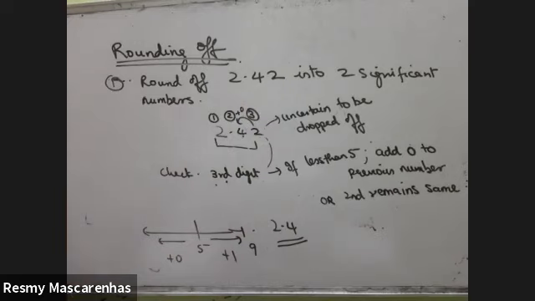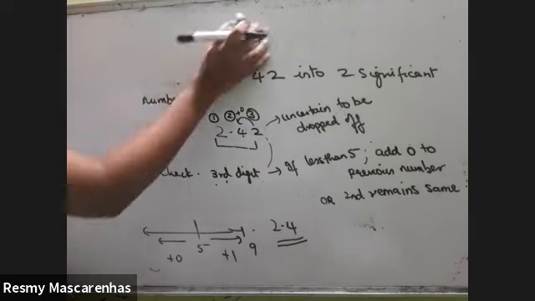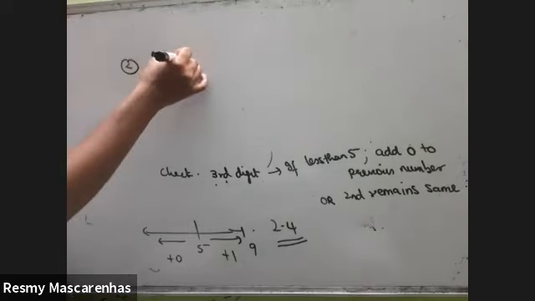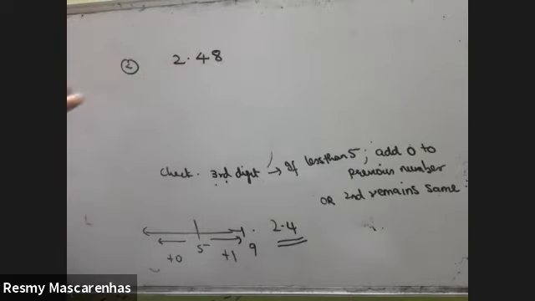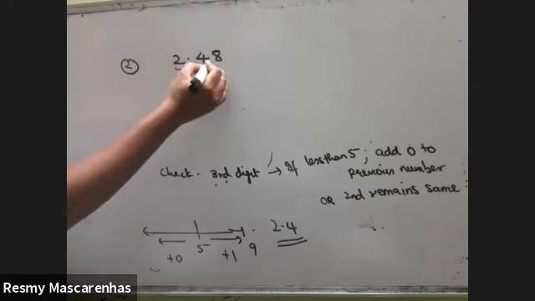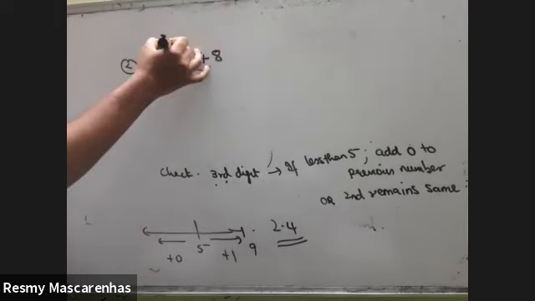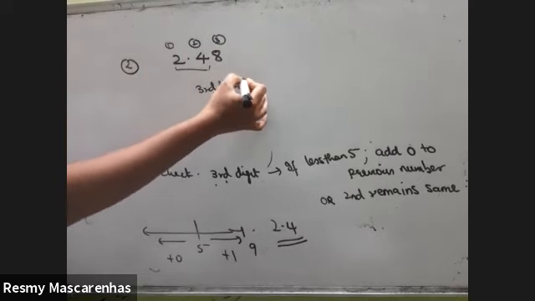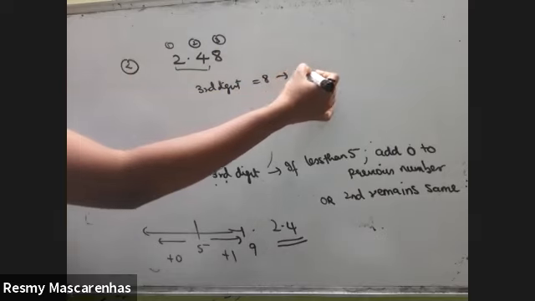Any doubts in this? Second one, suppose, same again, round off to 2 digits only. So I want only this much. This is my third digit. The third digit is greater than 5.